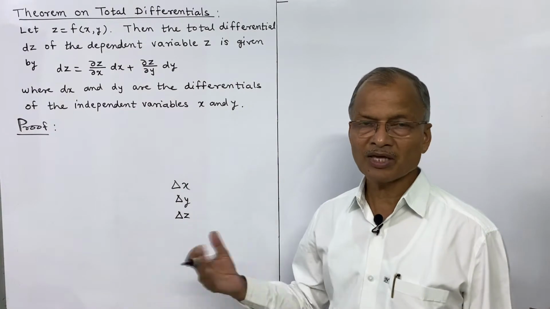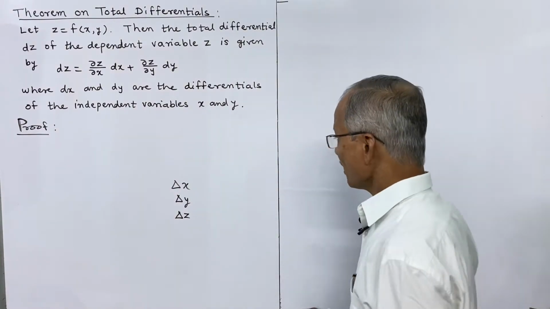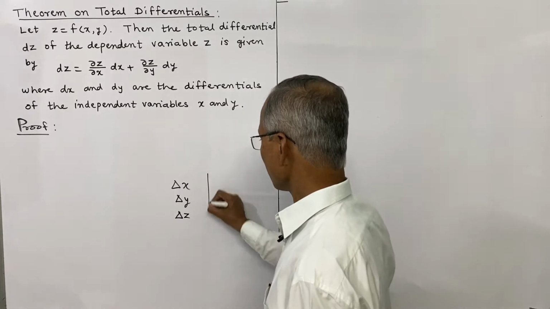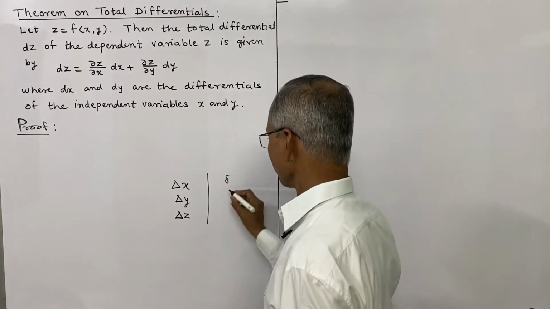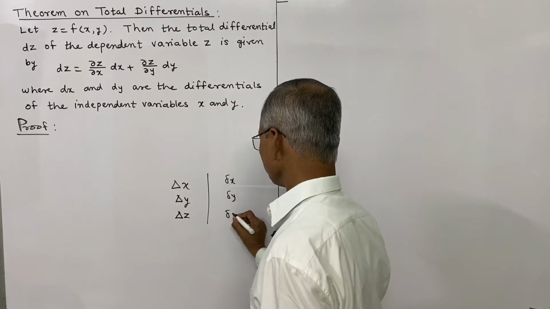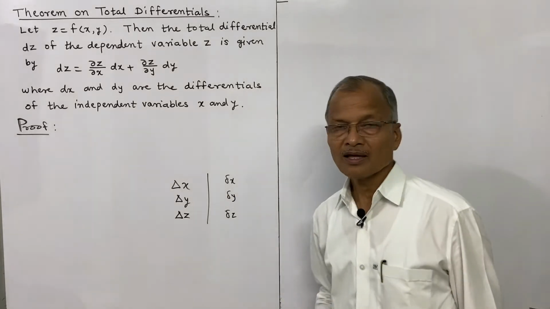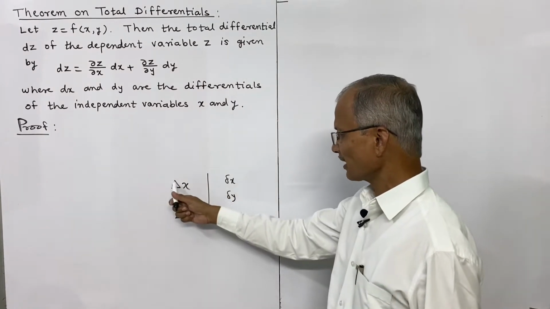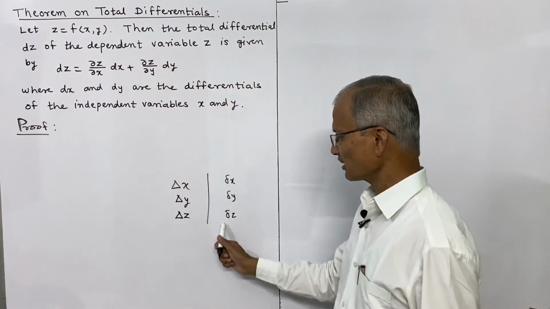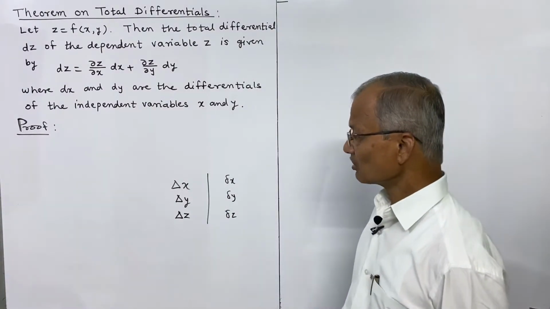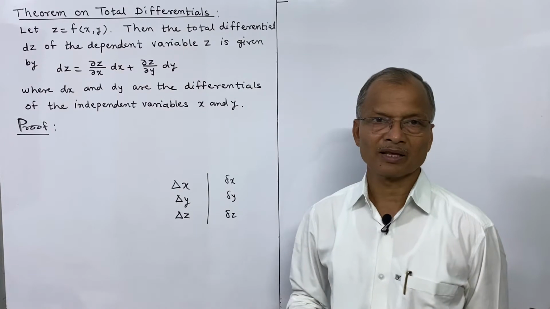The change may be an increment or a decrement, and earlier we might have denoted the changes by this letter delta x, delta y, delta z. Here the capital delta is used and here the small delta is used. Delta is a Greek letter, used to denote the change in a variable.